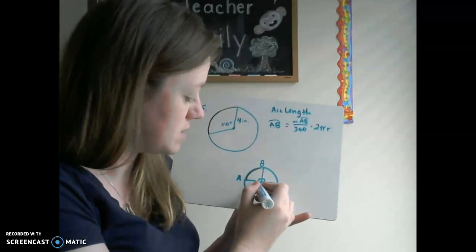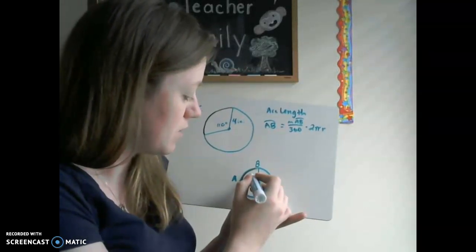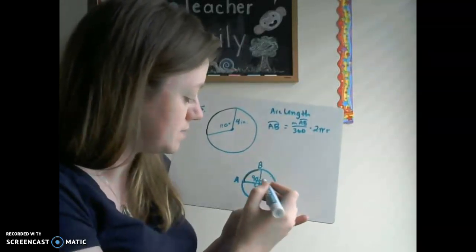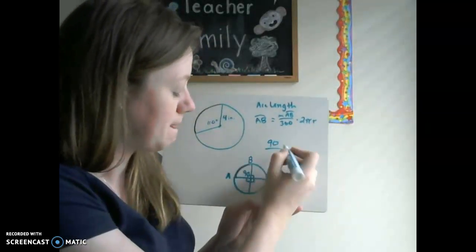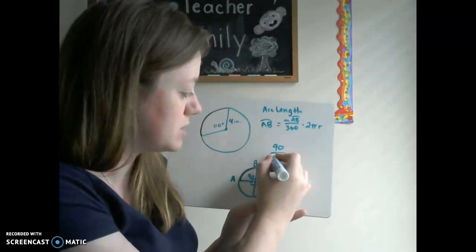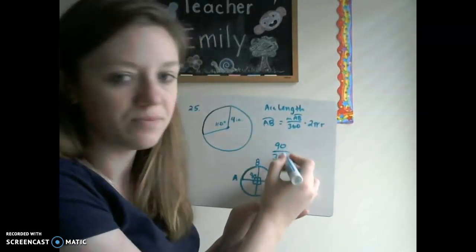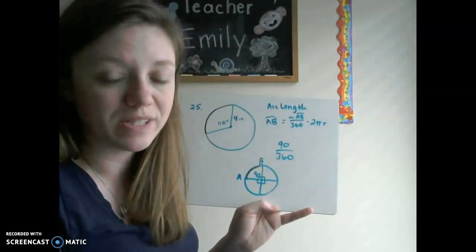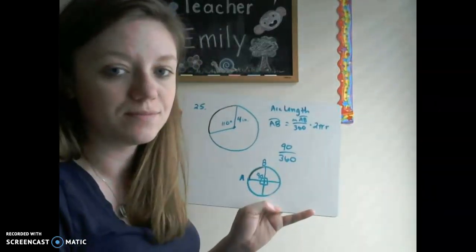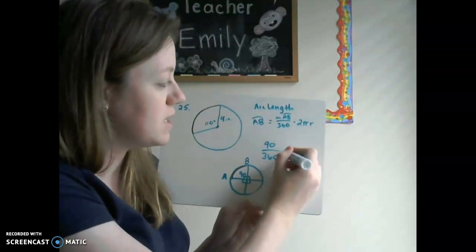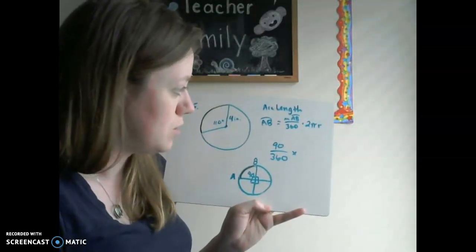We also know that means it has to be perpendicular, so this is a 90 degree angle. So the measure of AB is 90. The measure of the entire circle is 360. This fraction is going to give us what percent of the circle this section is. Okay, and then we're going to take that times 2 pi r.